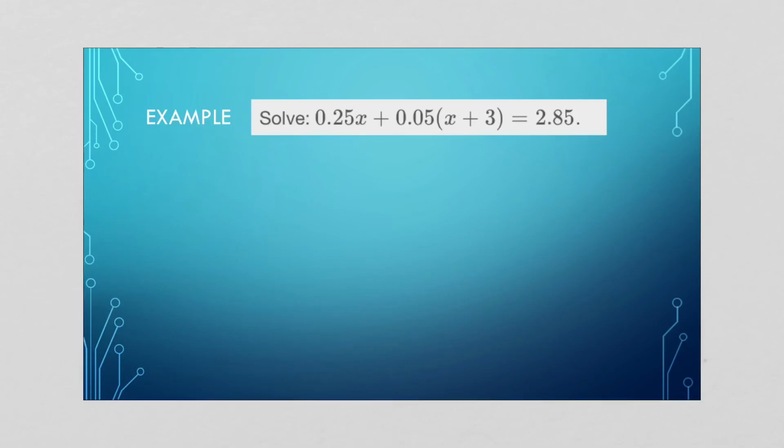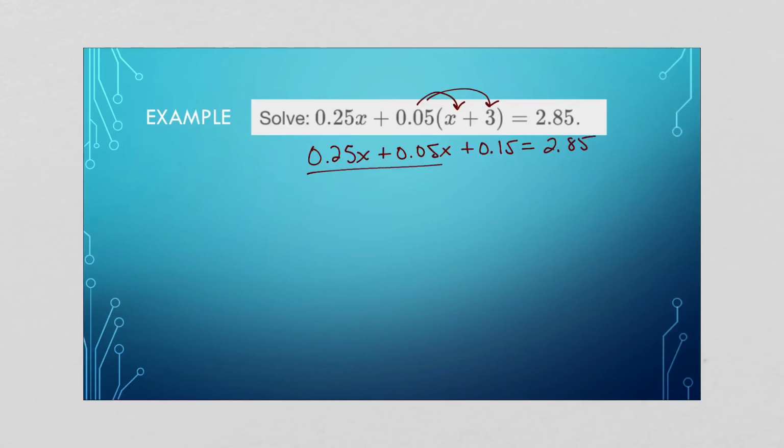Alright, last example. So what you want to do here is you want to distribute to get rid of your parentheses. So this just gets brought down. 0.05 times x is 0.05x. 0.05 times 3 is 0.15.